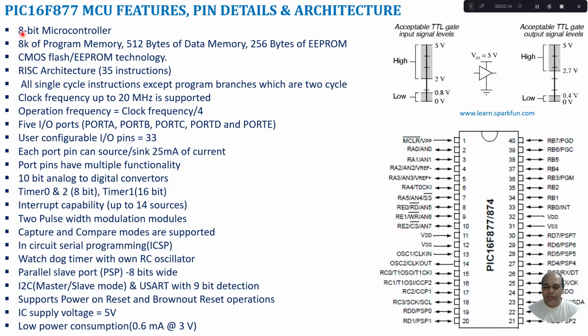If an ALU performs operations on 16-bit data or 32-bit data or 64-bit data, we call it a 16-bit microcontroller or 32-bit microcontroller or 64-bit microcontroller. So what data the ALU is going to operate on determines the type of microcontroller. Here the PIC16F877 is an 8-bit microcontroller, indicating it is going to work on 8-bit data.